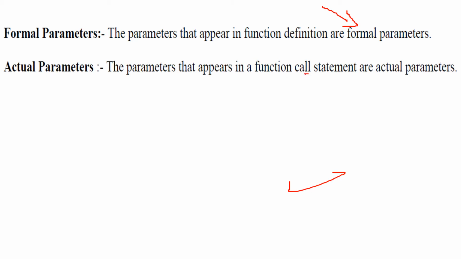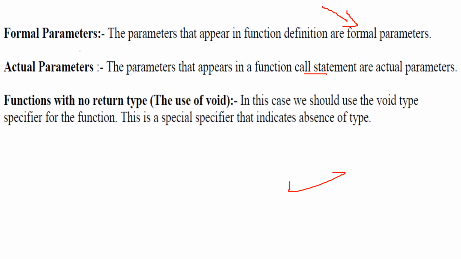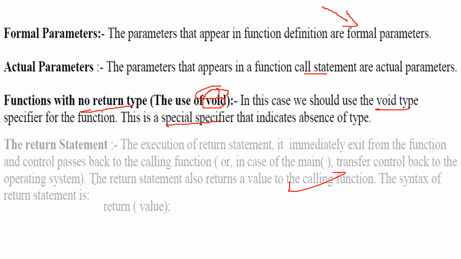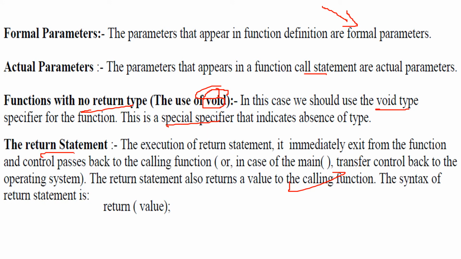And when you are actually calling the function, those parameters are called actual parameters, which are actually going to the function. And we can have a function with no return type. We generally use void for that, because the function may only perform printing, so it is not returning any value. In this case, we should use the void type, a special specifier that indicates the absence of a type.